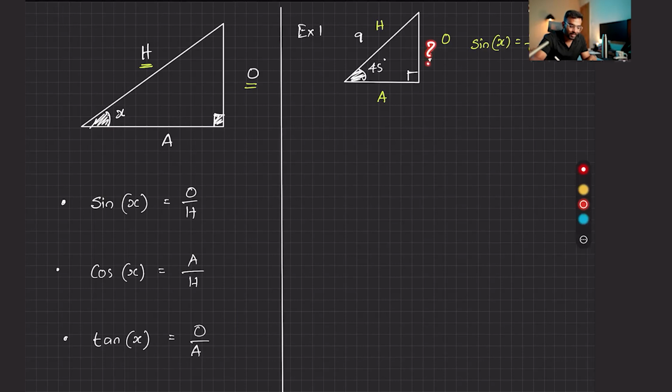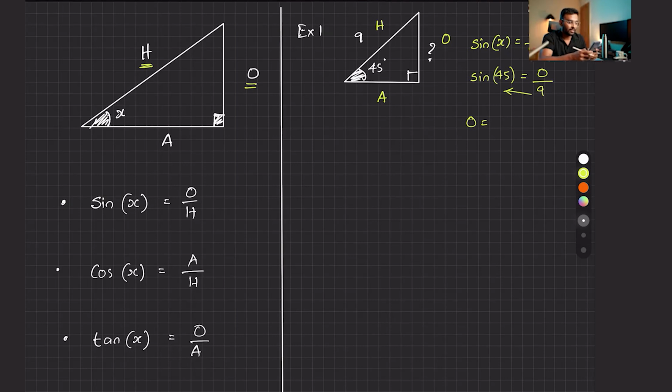Because O is the missing side, H is the side which is given. So O and H are in context. So sine of 45 is equal to O by 9. Cross multiply this. O equals whatever value you're getting. Are you guys understanding why I used sine over there?